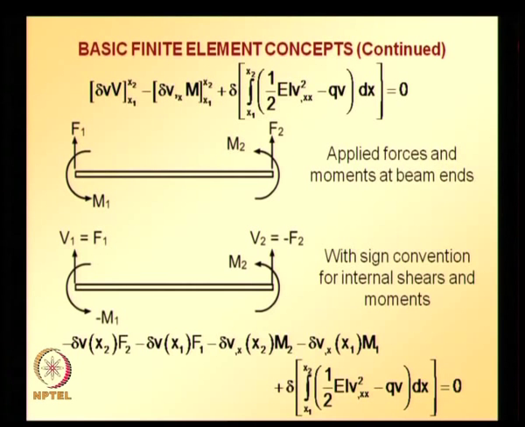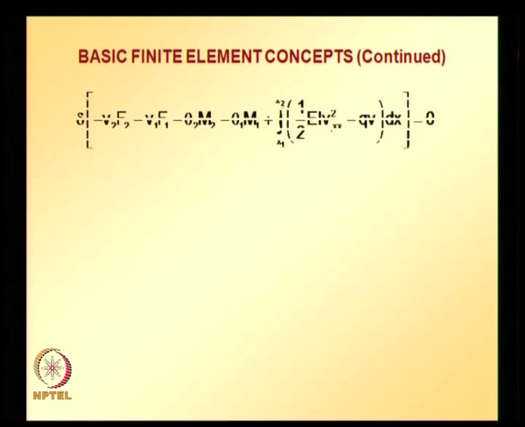So, the terms variation of V times f and variation of the derivative of V with respect to x times m can be grouped together, and the total functional can be written in this manner.